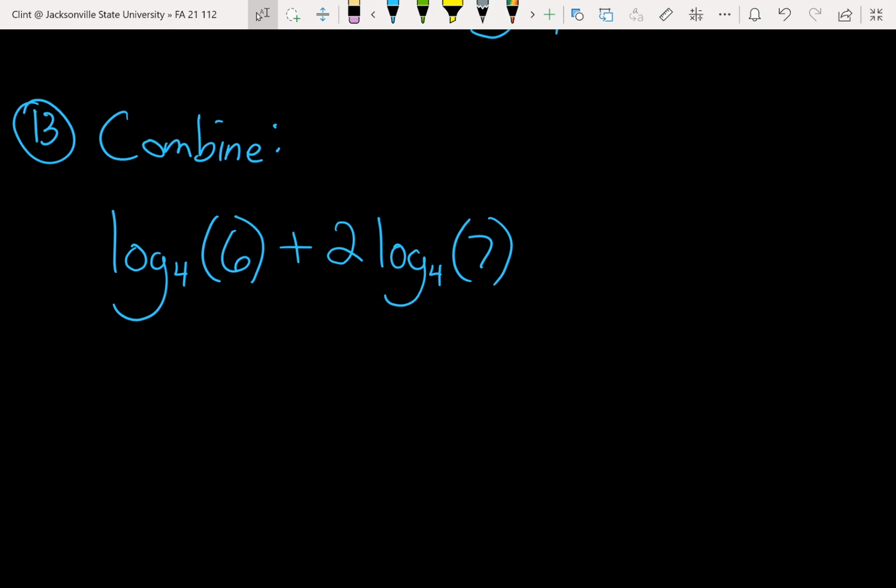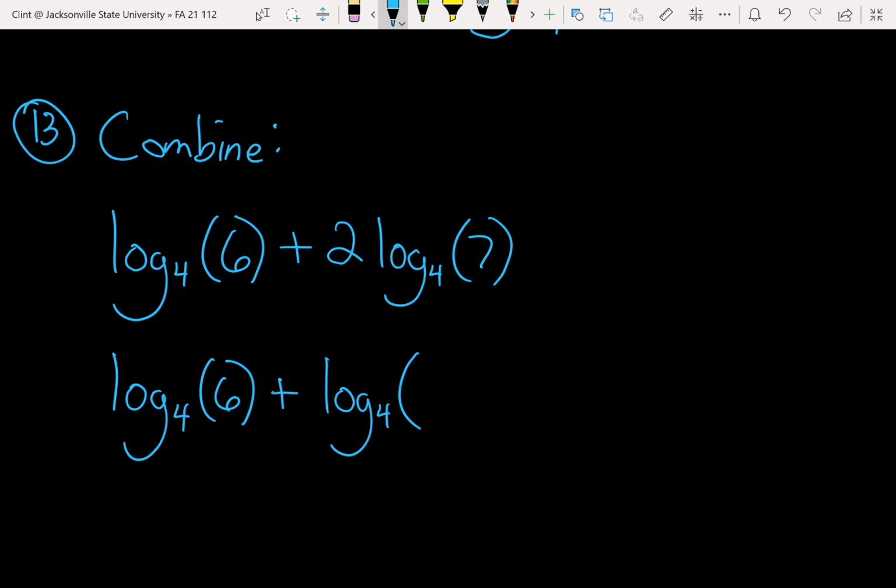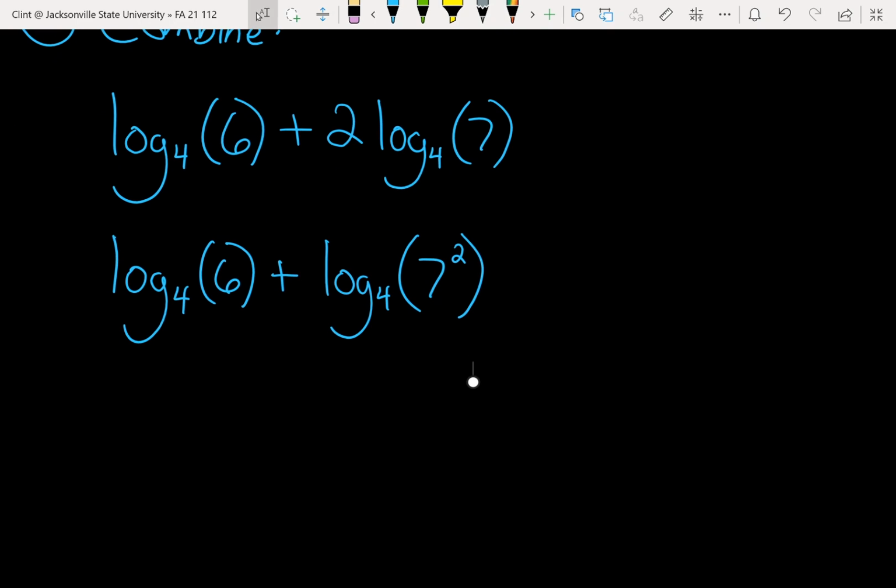We don't have variables involved. Again, we'll take that coefficient out front and move it to the exponent first. Nothing changes on the first one, but then that's log base 4 of 7 squared. Since that's a number, we can calculate it. So 7 squared would be 49.